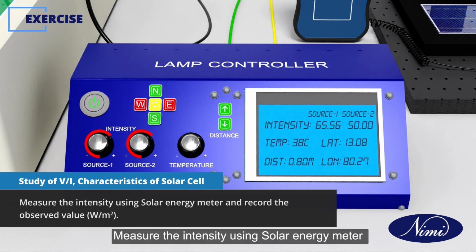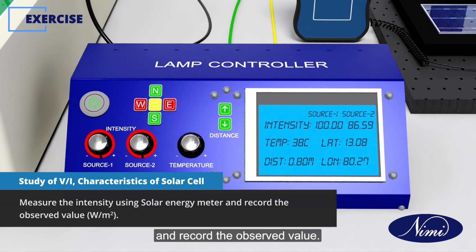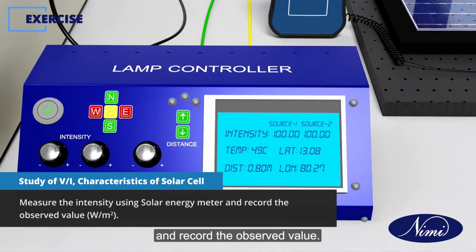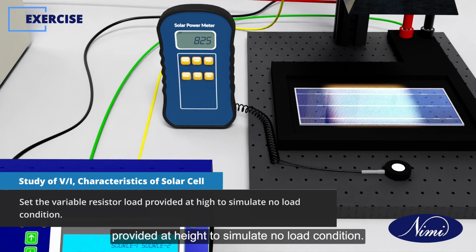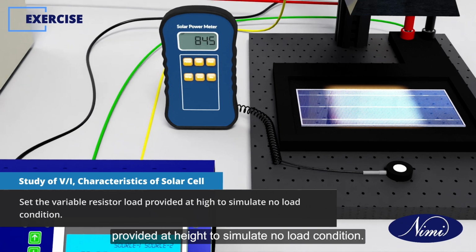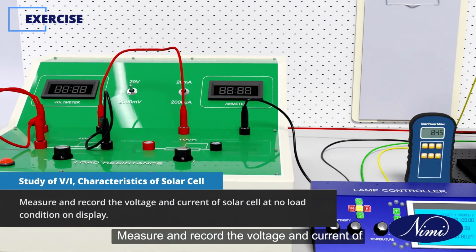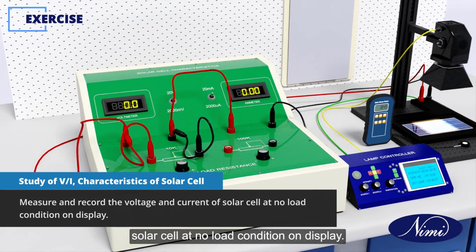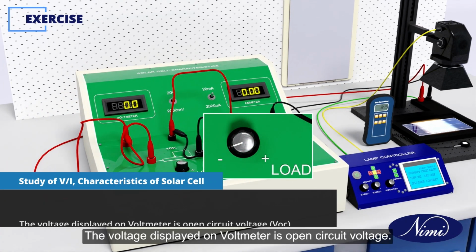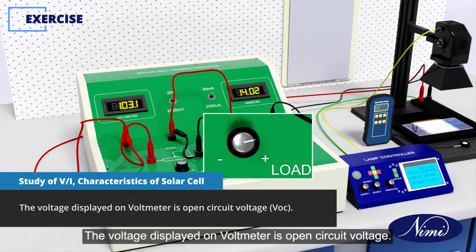Measure the intensity using the solar energy meter and record the observed value. Set the variable resistor load at high to simulate no load condition. Measure and record the voltage and current of the solar cell at no load condition on display. The voltage displayed on the voltmeter is the open circuit voltage.